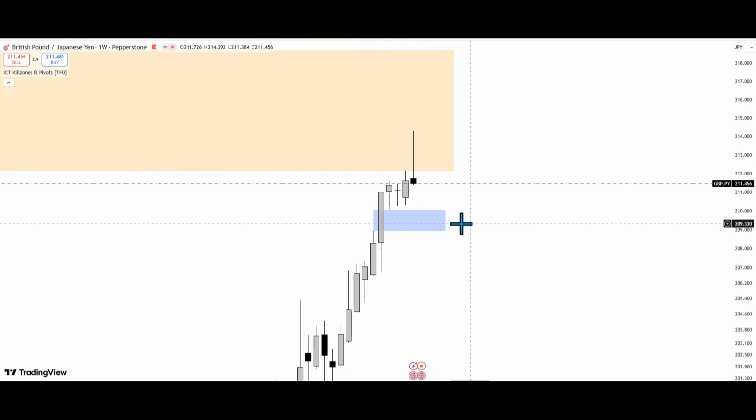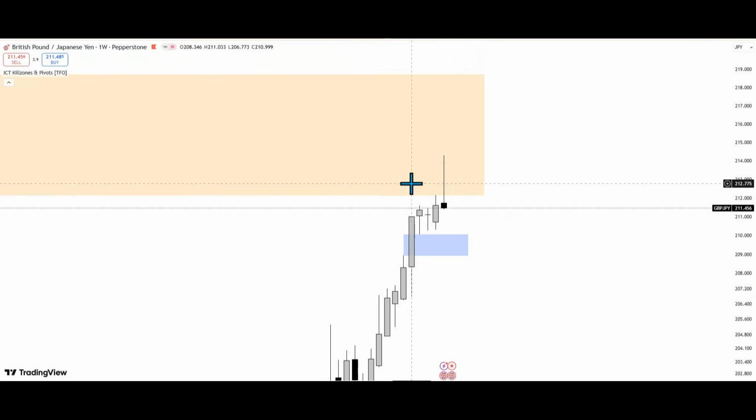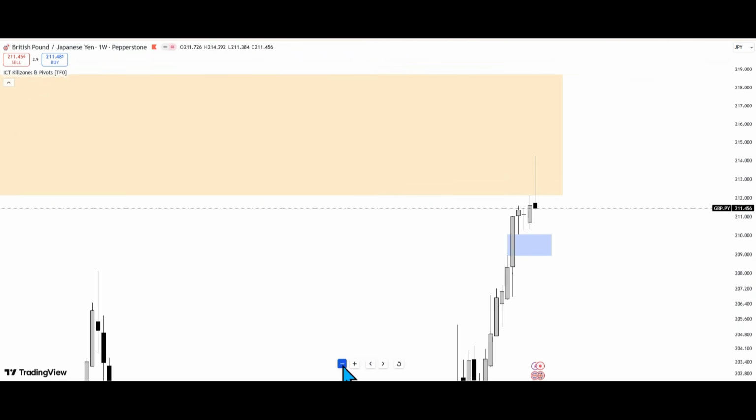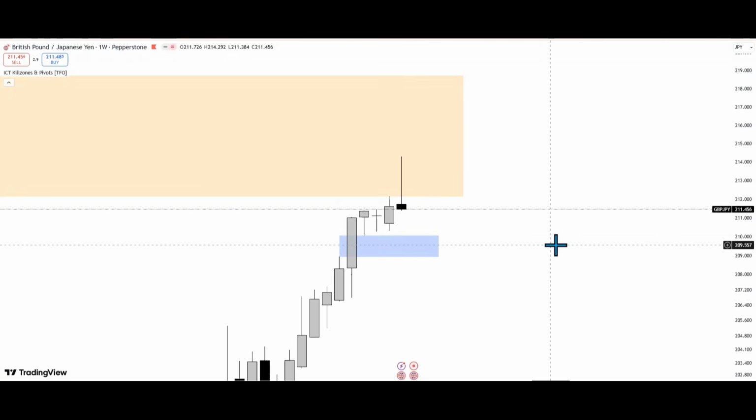We did not actually retrace to this weekly fair value gap, and that's okay. This right here is an inversion fair value gap that price tagged. I like how price tagged this, and then we had more of a rejection and even closed bearish. So I'm looking at bearish moves for GBPJPY, which is good. You can see now it's in line with the yen basket, because for the yen basket we're looking for bullish moves.